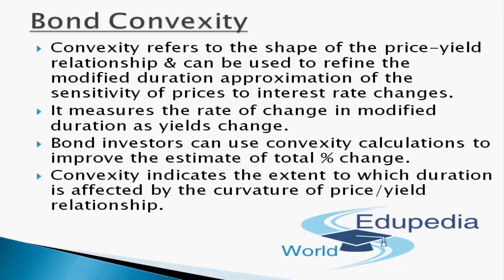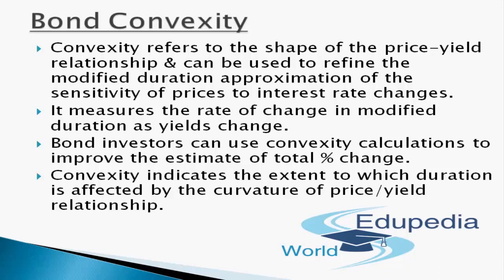Convexity basically shows the extent to which bond prices rise at a greater rate as yields fall than they fall as yields rise. The effect of duration on price and the effect of convexity on price should be added together to obtain an improved approximation of the change in prices for a given change in yield.